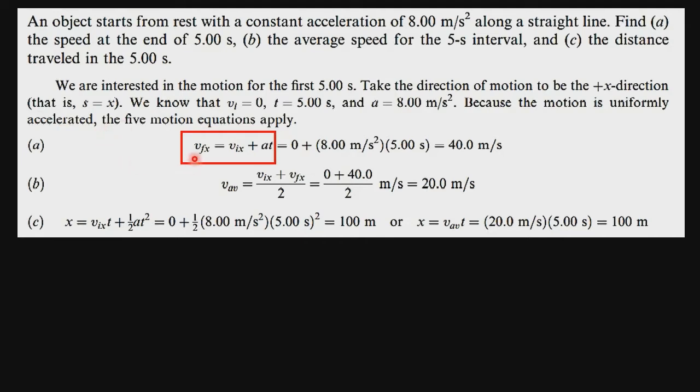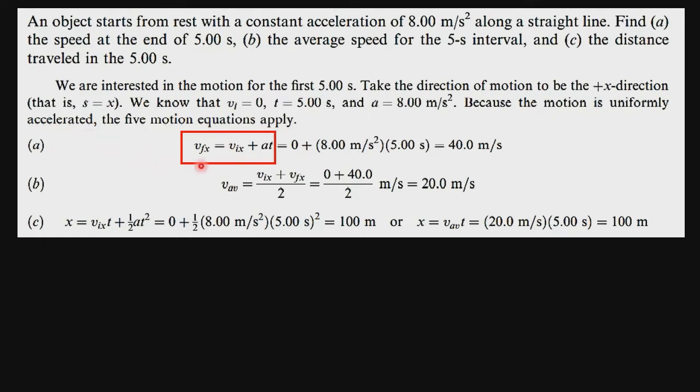Remember, I'm using a here because this is not the gravitational pull directed towards the Earth, but an acceleration of a moving object, called a uniformly accelerating moving object.